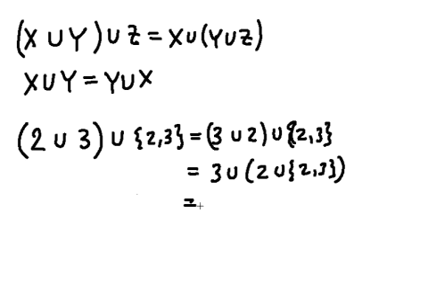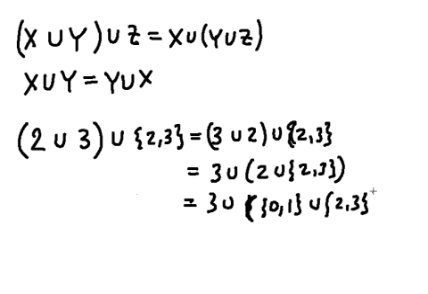And now, keeping in mind that 2 itself is a set consisting of elements 0 and 1, we get this union with the set {2, 3}. And that union is, of course, the set whose elements are 0, 1, 2, and 3. So altogether it gives all the numbers from 0 to 3. And that's number 4. So we get 3 union with 4. And now, using the fact that 3 is a subset of 4, 3 union with 4 is going to be equal to 4.